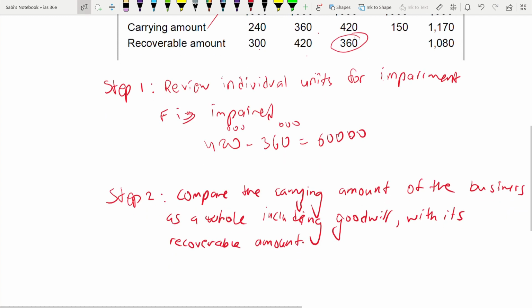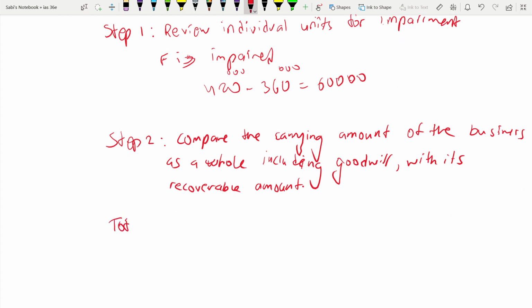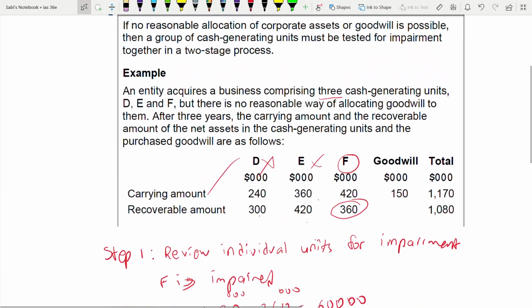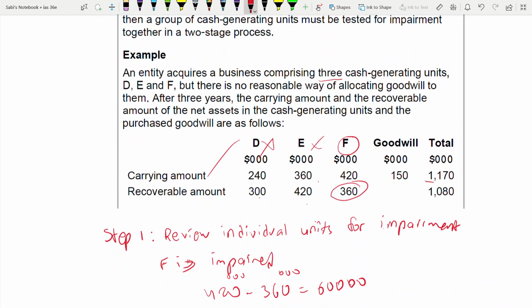Done. Find out the total carrying amount of the business. Total carrying amount of the business is how much? You see, this is the carrying amount.